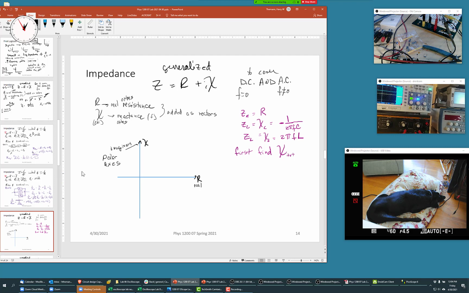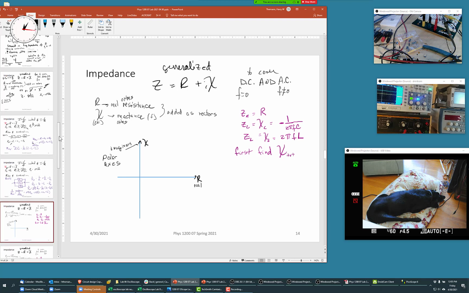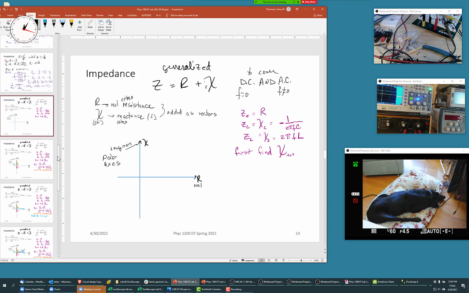So we have the real part, which is generally the resistor, and then there's the imaginary axis, but you can just think of it as the chi axis. So this is now, if we want to add together a mixed circuit. How do we do a mixed circuit?